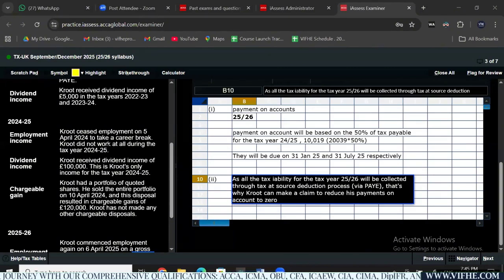Even this could be possible. But as far as questions 2 and 3 are concerned, we know 100% that one question will be testing income tax rules, and the second question will be testing corporation tax rules, and that's also worth 15 marks. Is this clear to each and every one of you?